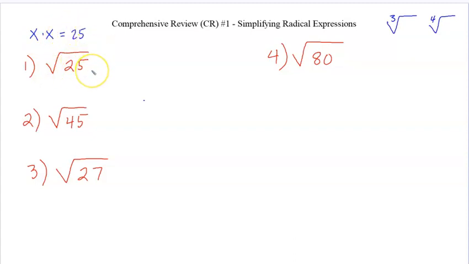Now you might be thinking, and I hope you are, that, well, isn't that true of negative 5 also? And yeah, it is, but anytime you see a radical like this, even though technically there are two different numbers that fulfill this, whenever you see a radical, it's always asking for what we call the principal root.